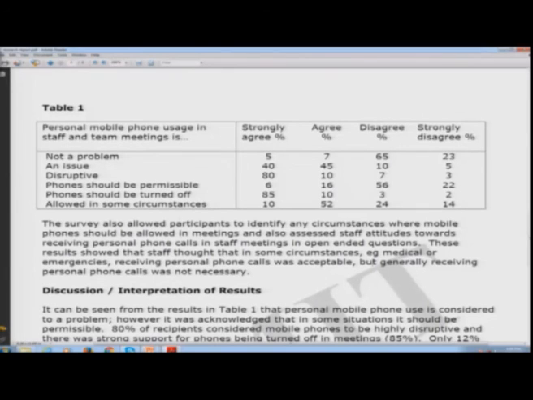So, you can see here allowed in some circumstances. So, people have said, and some examples included medical or other emergencies. Here also you can see that 80% of people strongly agreed that mobile phone usage in meetings is disruptive.